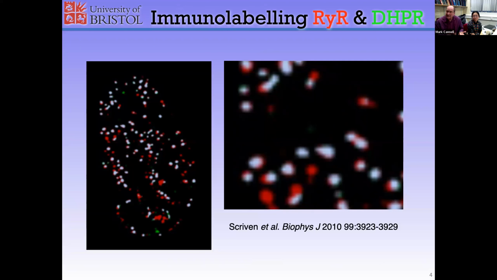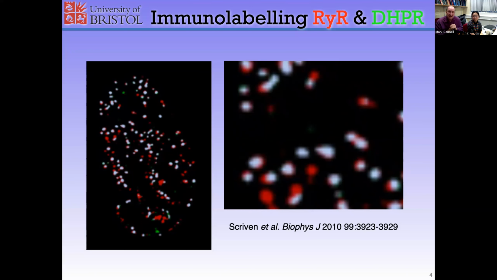So we know that the ryanodine receptor and the DHPR are the major players in this machine that releases calcium. But we know much less about their exact localizations. And some of the best work in attempting to localize these proteins has been done by Ed Moore and his group.